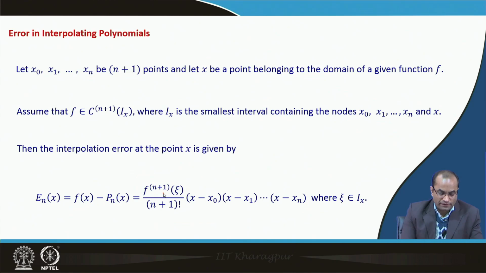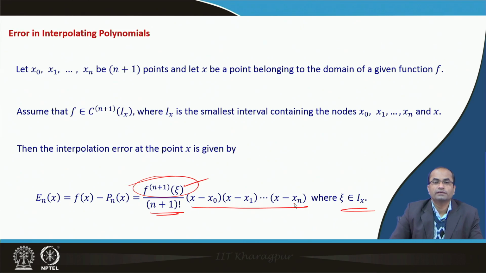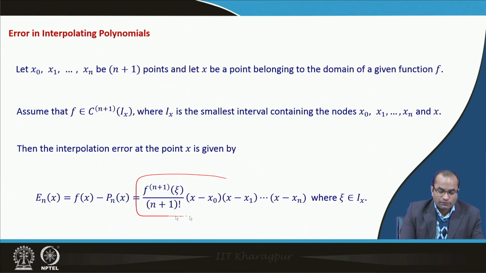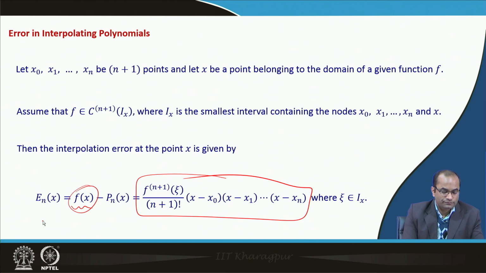So, f's (n+1)th order derivative at some point xi, which belongs to this interval itself, divided by (n+1) factorial, and there is a product here: (x minus x0), (x minus x1), ..., (x minus xn). So, this is the error we have when we interpolate this function, or approximate this function by the polynomial taking these n+1 points.